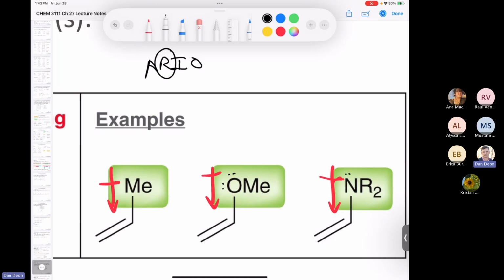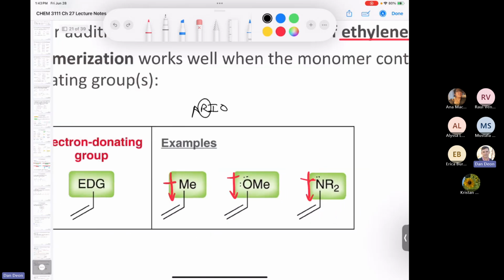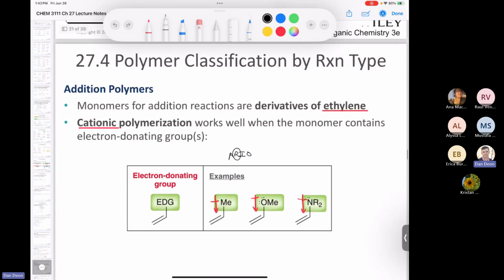Yes, nitrogen is an electron withdrawing element in terms of its electronegativity, but it's also electron donating in this case. And so all three of these groups, the alkyl group, the methoxy group or the alkoxy group, and the amino groups, they're all going to be electron donating. And so electron donating groups, EDGs, are going to help stabilize a cation.